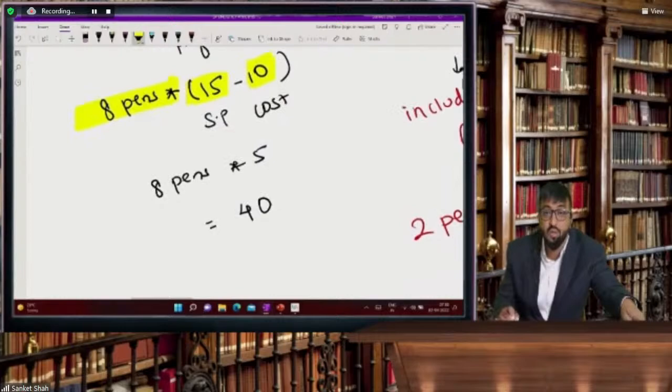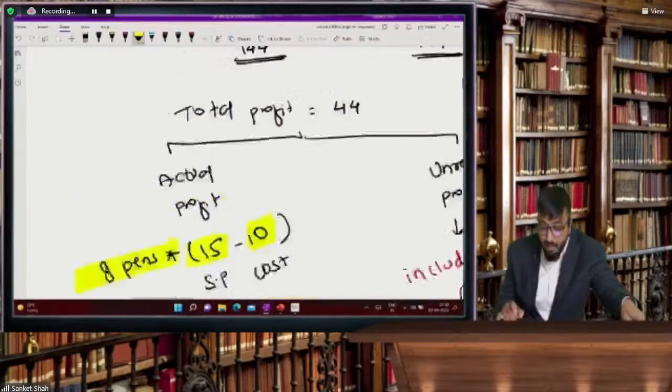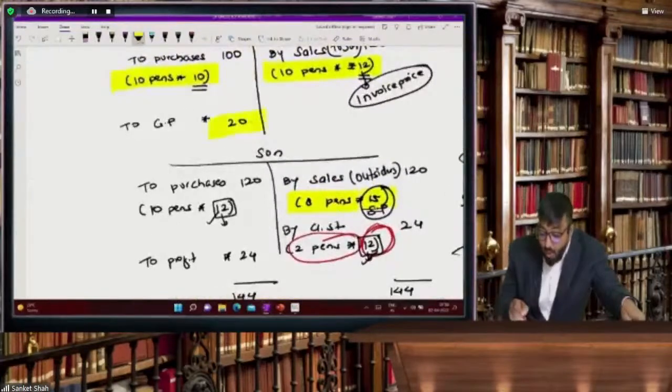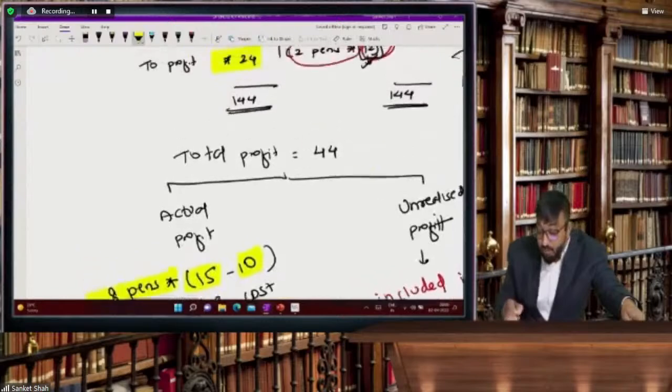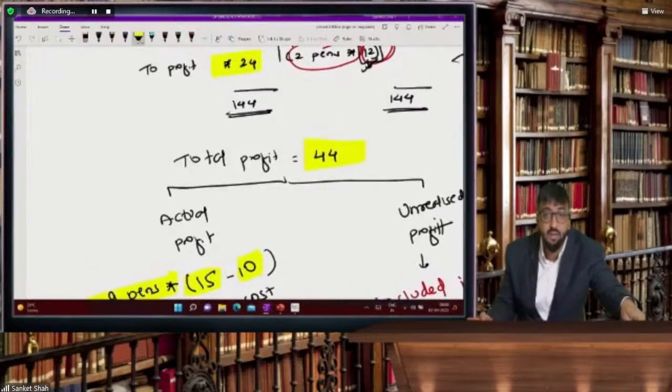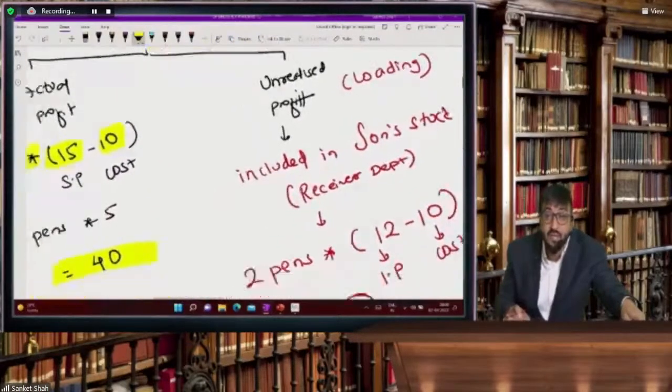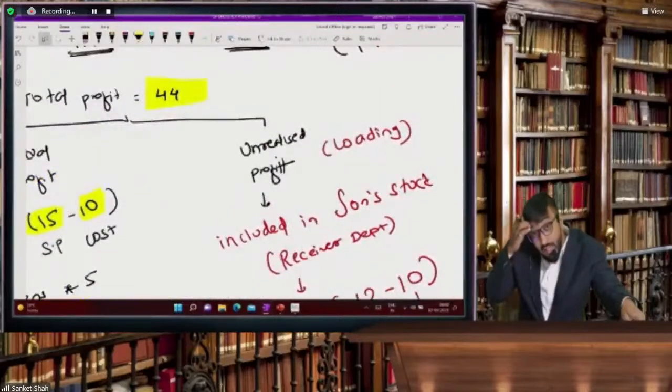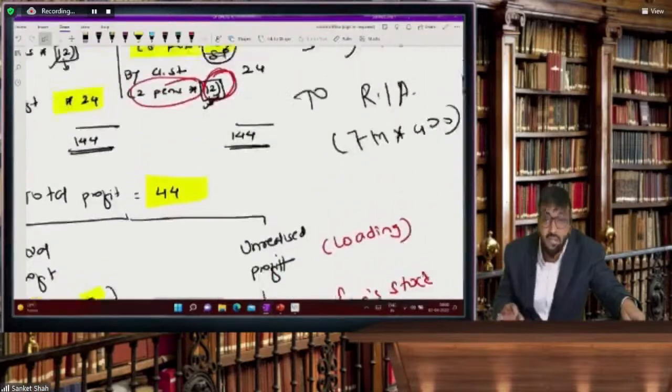So my total profit will be 40 for the organization. But when we add this profit, 20 plus 24, we are getting 44 rupees as profit. Out of this 44 rupees, actual is 40 and unrealized is 4.